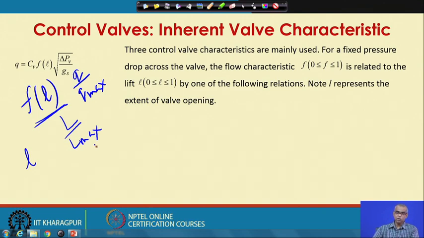There are three equations, and corresponding to those three equations, we have three types of control valve characteristics. Note that small l, which is L by L max, the lift of the stem, basically represents the extent of valve opening.